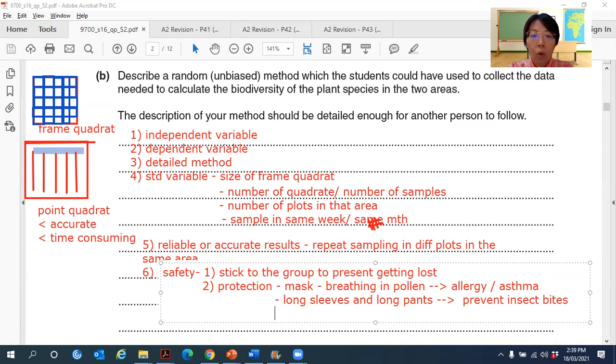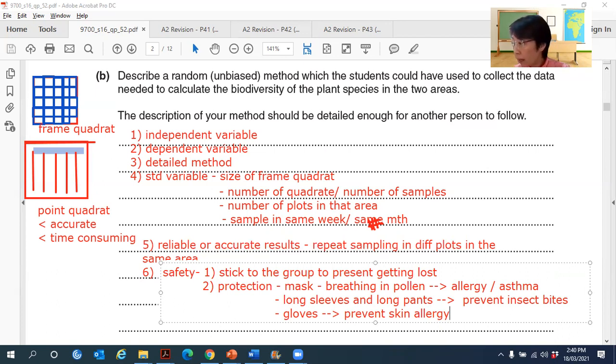Please write very clearly how you're going to protect yourself, for what purpose you protect yourself. Okay, you want to wear gloves because you might be touching the plant and it may cause allergy to your skin. So prevent skin allergy. Okay, so that's for protection, exactly what you do.